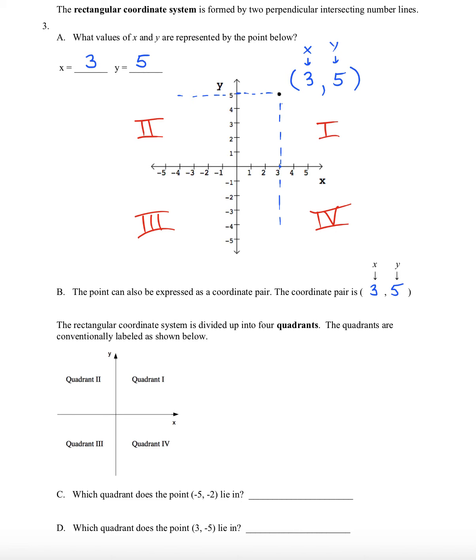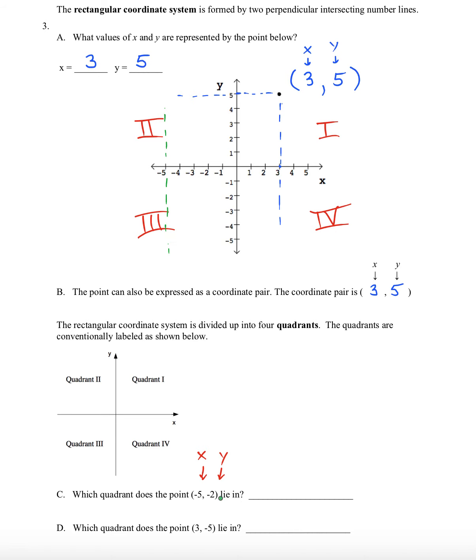So, in which quadrant does the point (-5, -2) lie in? Go ahead and answer that. All right, so -5 is the x. -2 is the y. So if we want to plot this point on the graph above, we want to go over to a negative 5 x and then just trace that up or down.